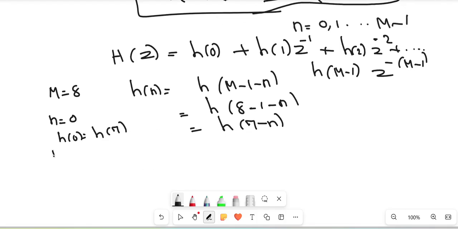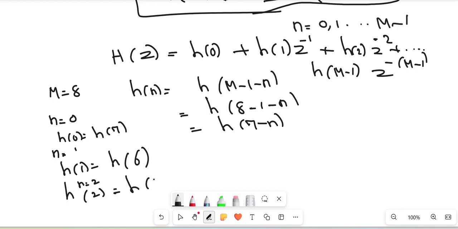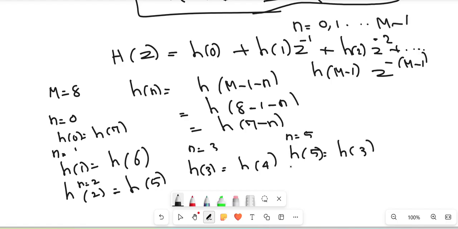Similarly, if n is equal to 1, h of 1 will be h of 6. If n is equal to 2, h of 2 will be h of 5. If n is equal to 3, h of 3 will be h of 4. If n is equal to 5, h of 5 will be h of 2. If n is equal to 6, h of 6 will be h of 1. If n is equal to 7, h of 7 will be h of 0.